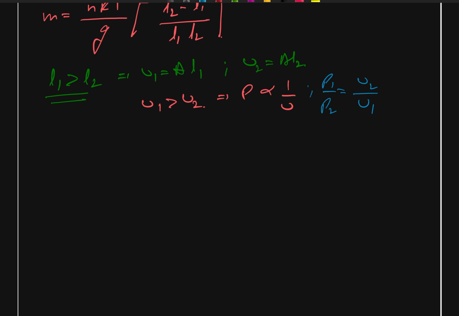Therefore V2 upon V1 is less than 1. So P1 upon P2 is less than 1, giving us that P1 is less than P2.